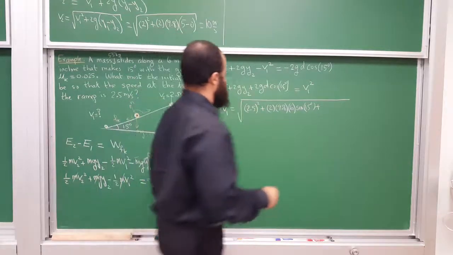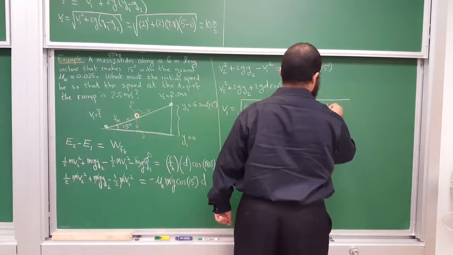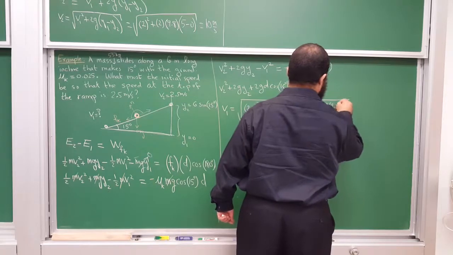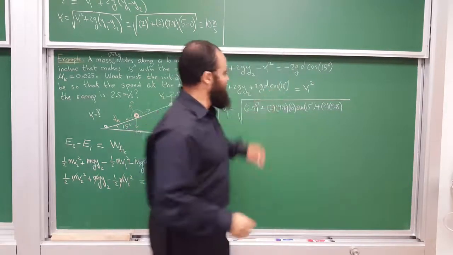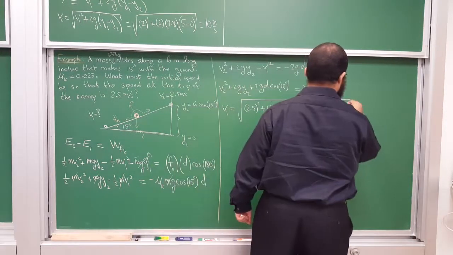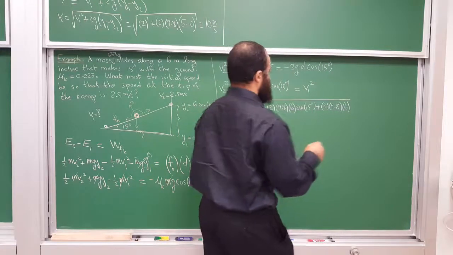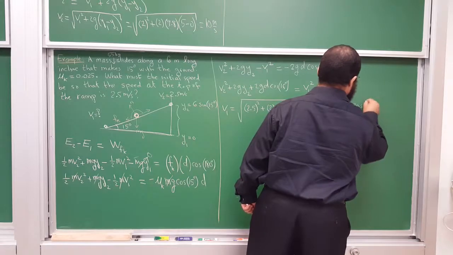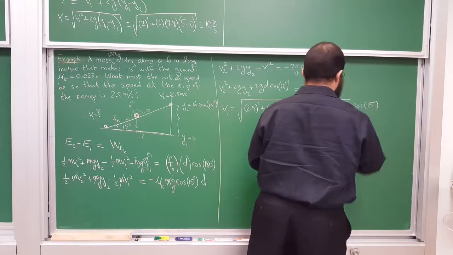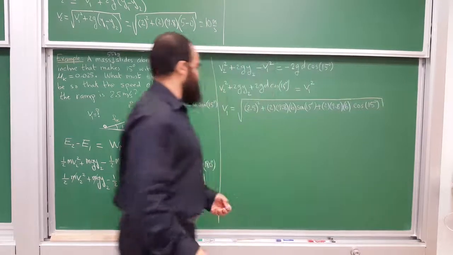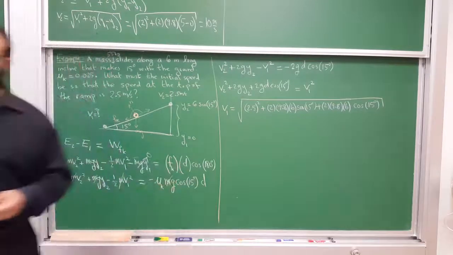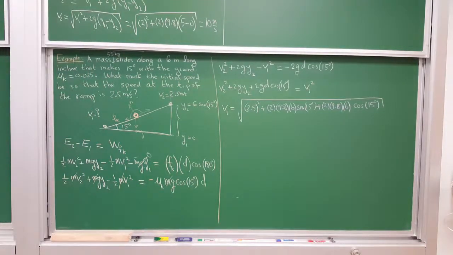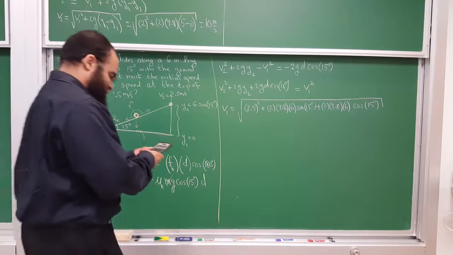Plus 2 times 9.8 times d, that's 6 also, times the cosine of 15 degrees. Well, we'll just get a number, and it would be larger than 2.5.